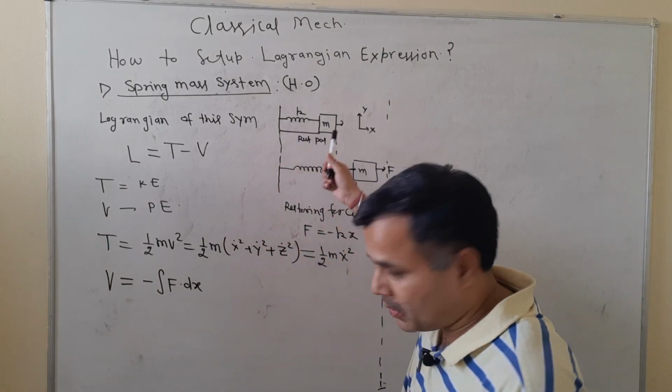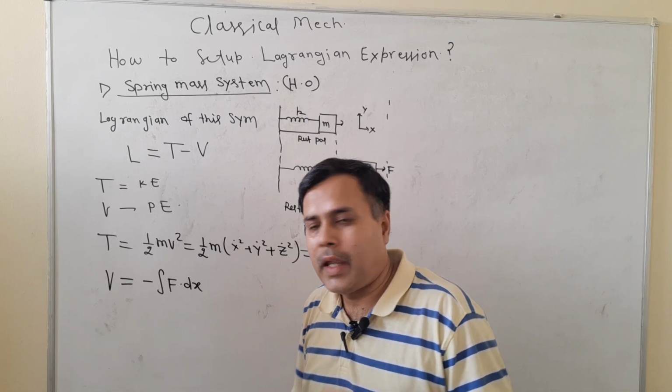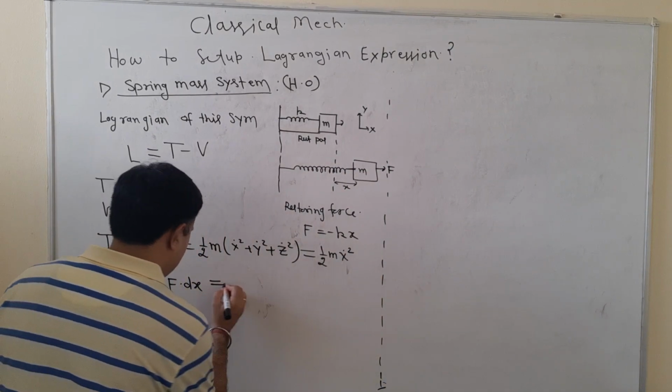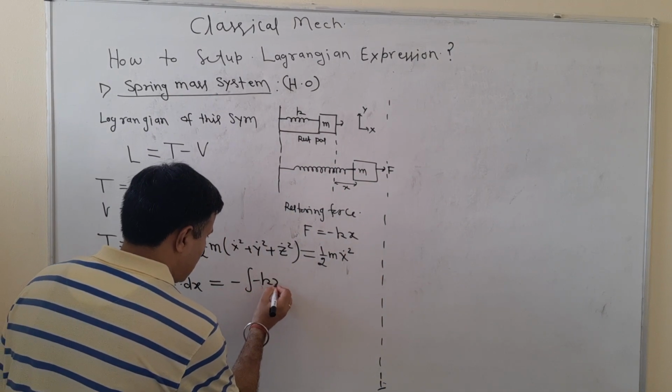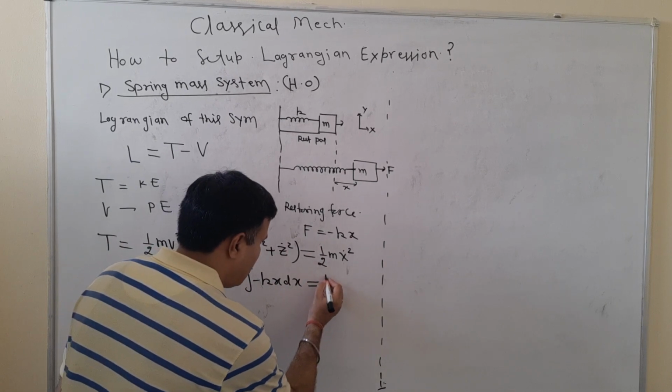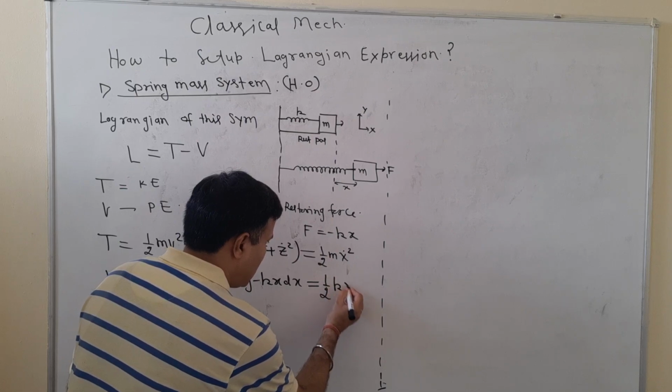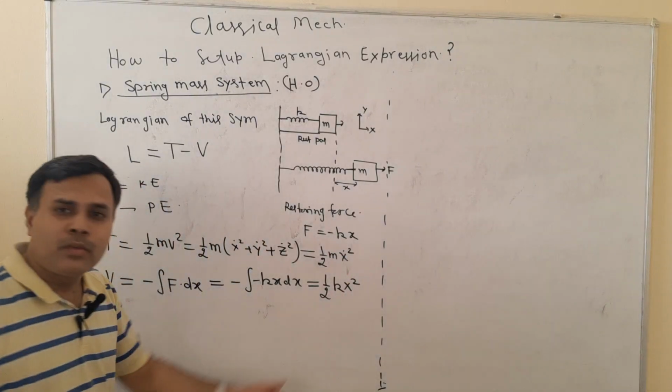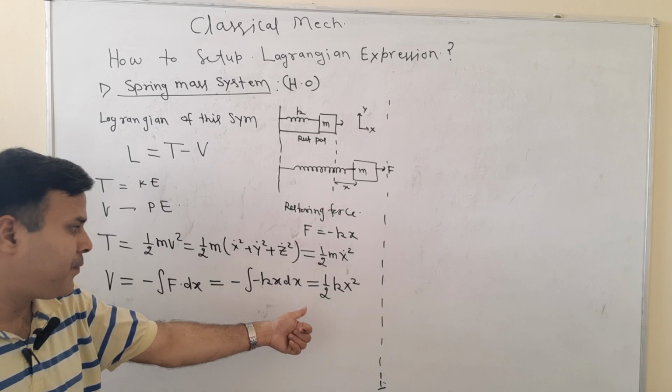In this spring-mass system, F is minus kx, which is the restoring force. So this is minus kx dx. The minus minus becomes a plus, and we get 1 by 2 k x square. So this is the potential energy expression.